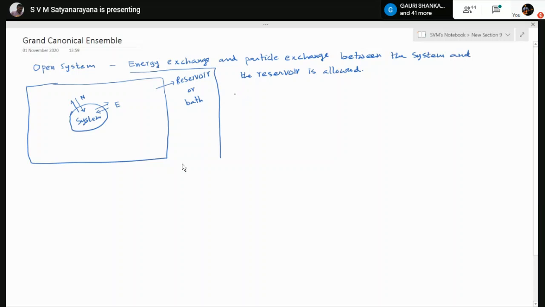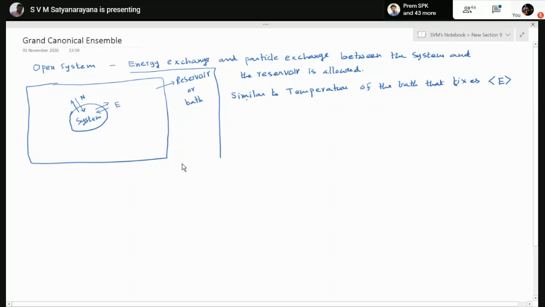But similar to temperature of the bath that fixes the average energy of the system, the chemical potential of the bath fixes what is called the average number of particles.